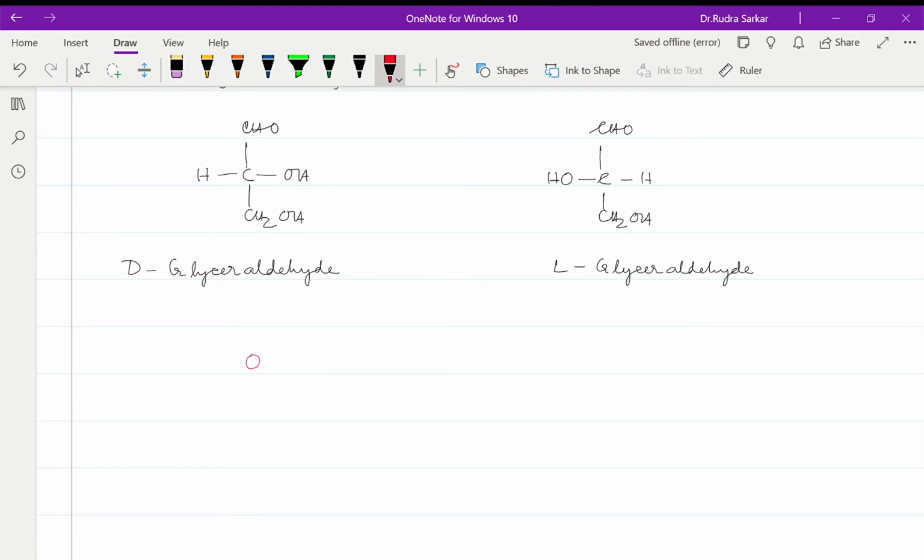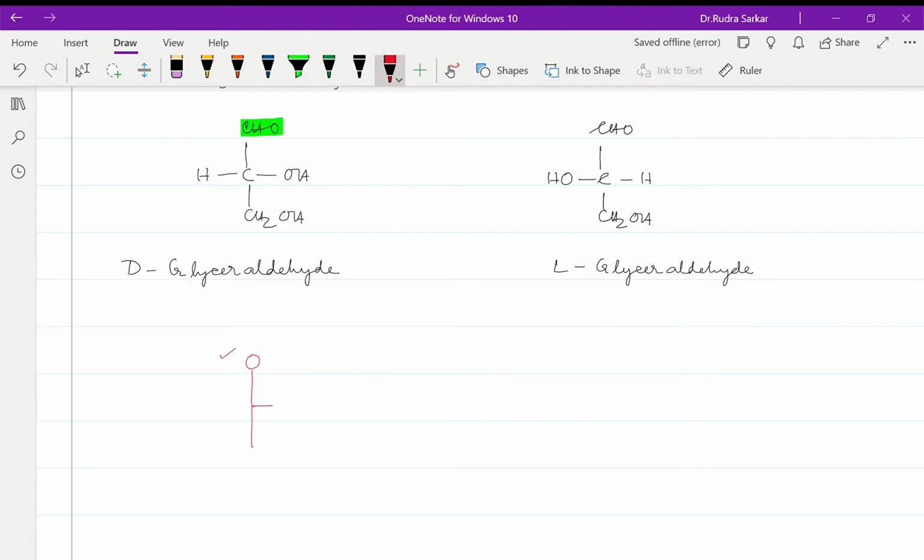A shorthand way of representing D and L glyceraldehyde is to represent the CHO group by a circle, the carbon chain by a vertical line, and the OH group by a horizontal line coming from the vertical line.